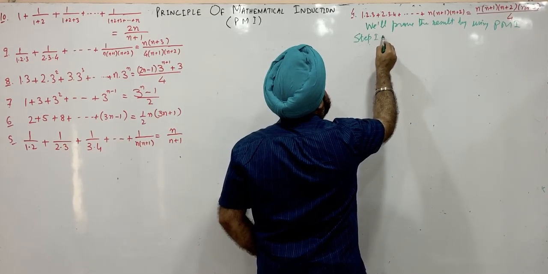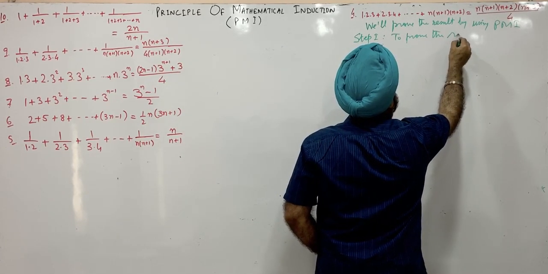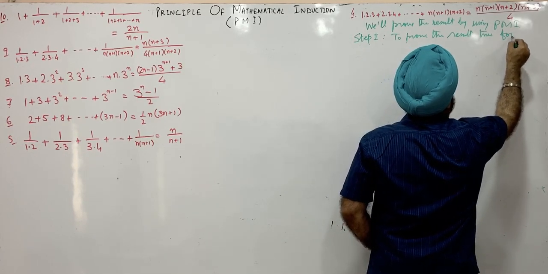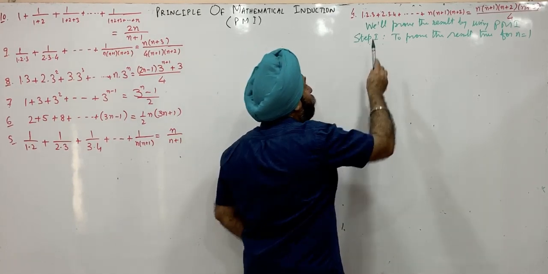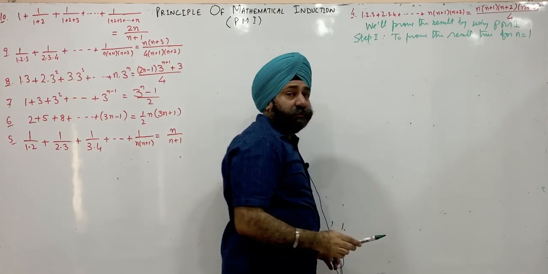The first step, to prove the result true for n is equal to 1. Left hand side, this is sum of 1, 2, 3 and so on up to n terms.